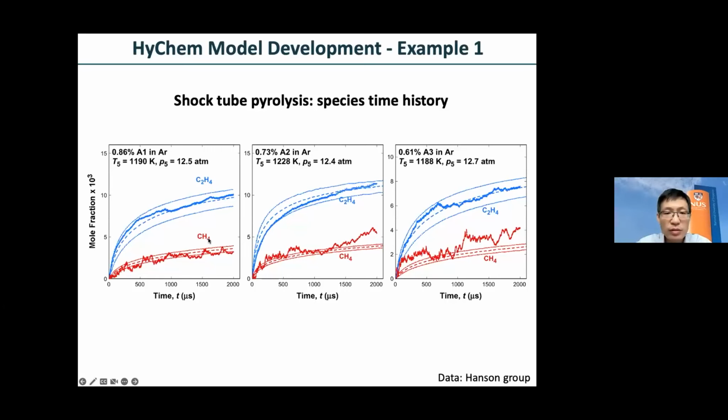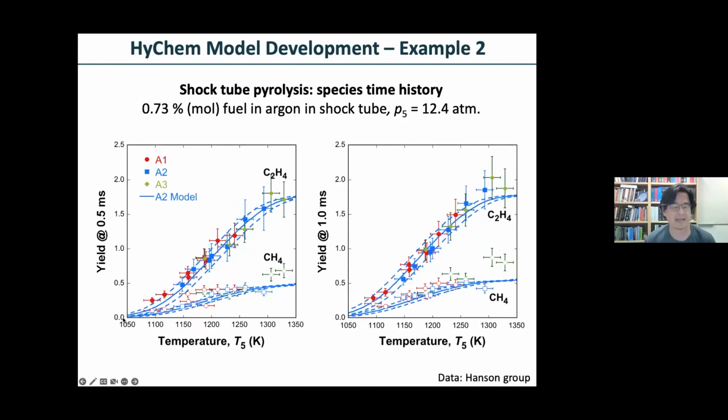You have a couple more rate constants, and out of these 8 rate constants, only 2 really matter. Along with this species time history, over a range of temperature, through this temperature dependency, you can now pin down the rate constants. The system is not as closed as what I hope to see, but it's pretty close.